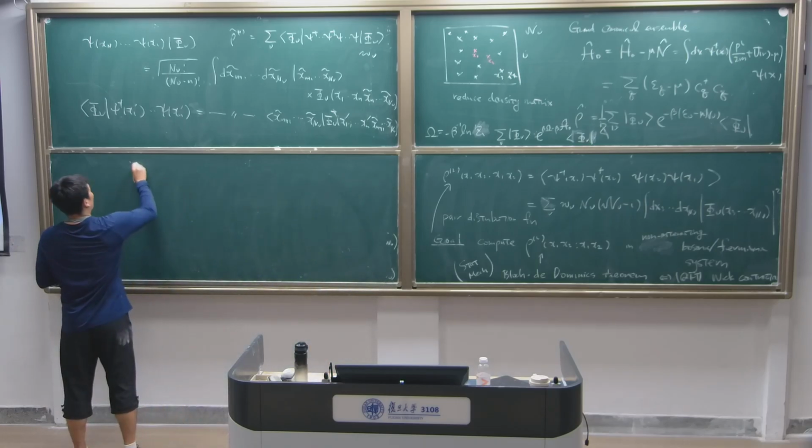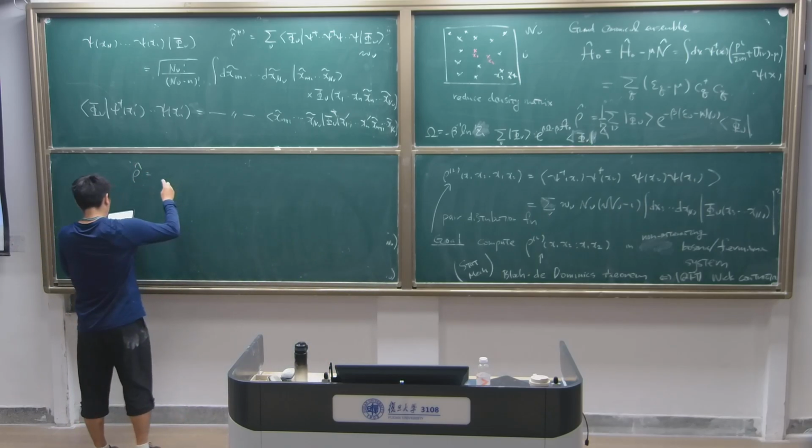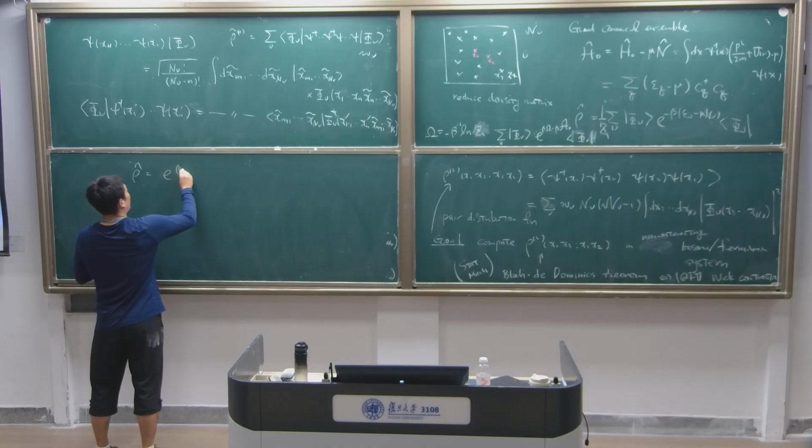So essentially what I meant is just a simple thing: e to the beta omega minus beta curly H hat.